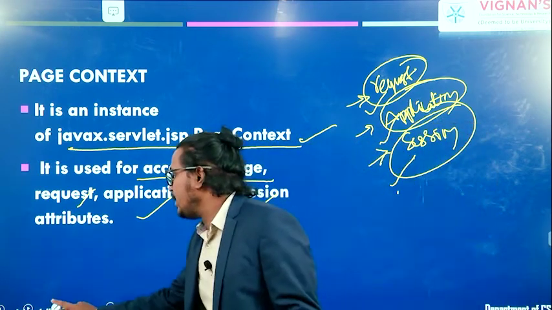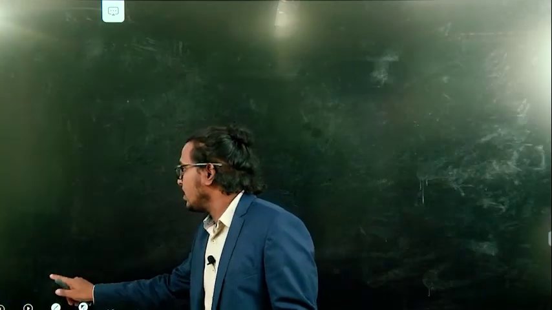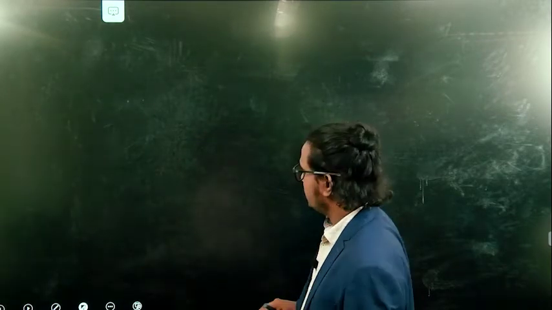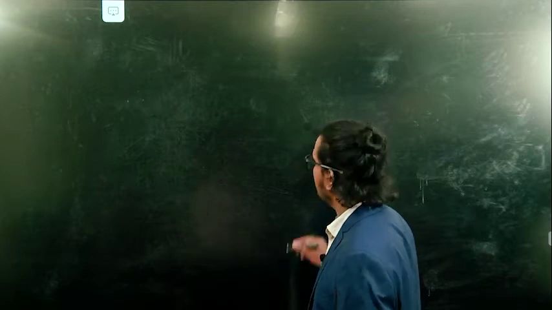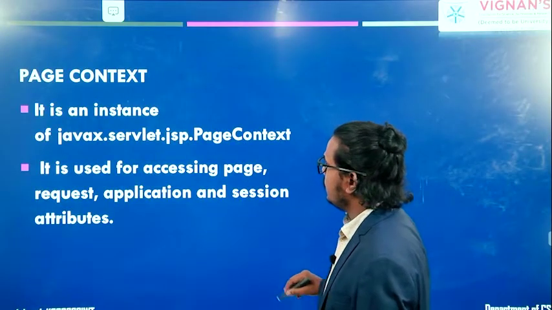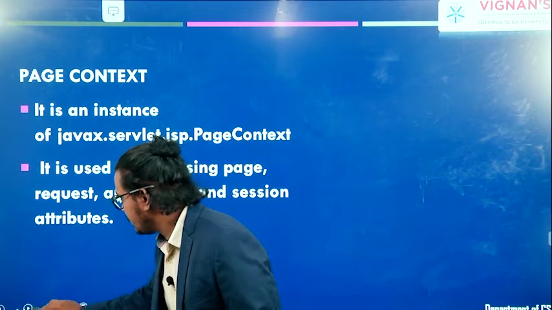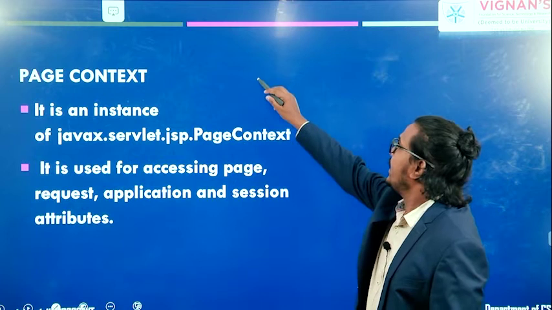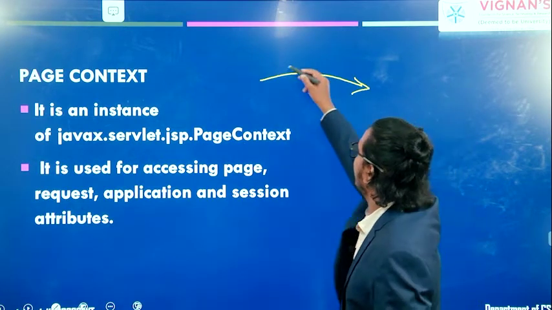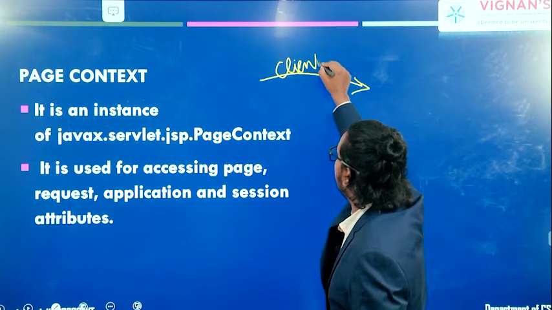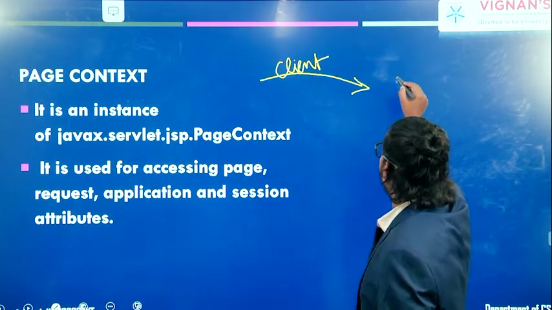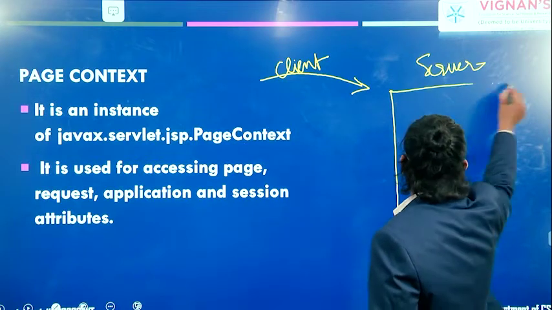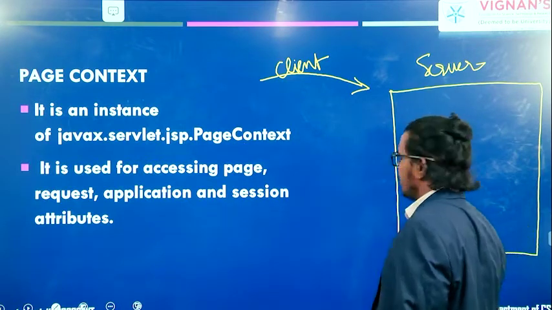So the better example here is, again, we are sending one request from the client machine to the server machine, right?